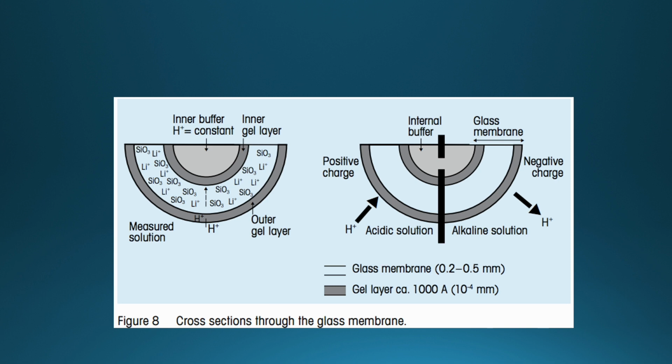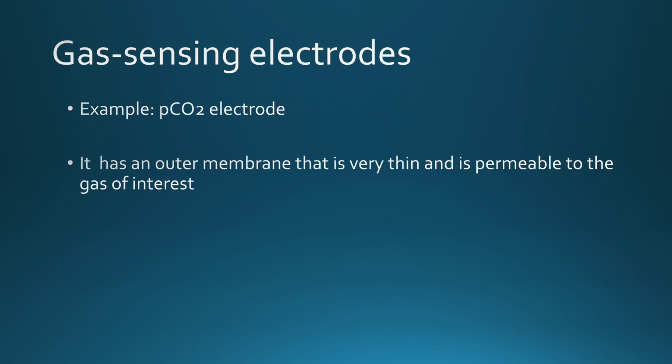The protons from the solution will be taken up into the glass membrane and the sodium will be exchanged out. This exchange will result in a change in potential, and this is how the pH is measured, okay?